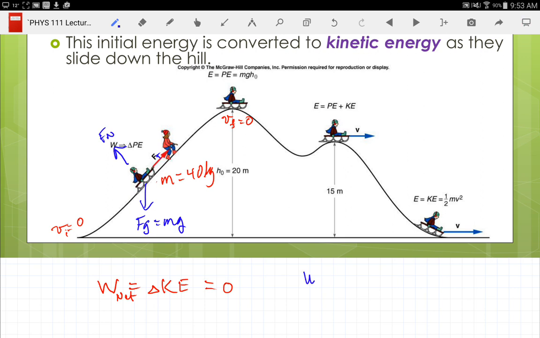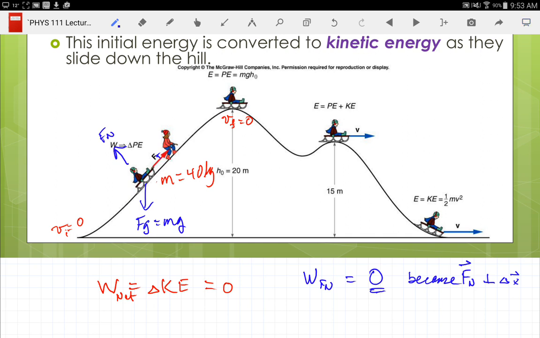So that means the work done by the force normal is equal to 0 because force normal is perpendicular to the change in motion. And it's only the parallel parts of the force that do work.